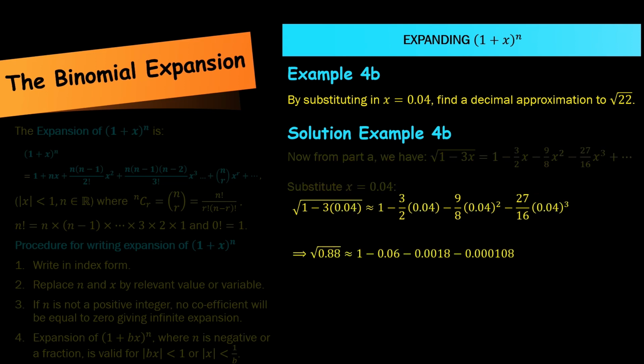Tidying up gives us root 0.88 is approximately equal to, because remember we're taking the first 4 terms only, 1 minus 0.06 minus 0.0018 minus 0.000108.